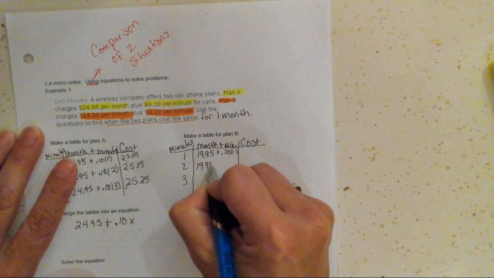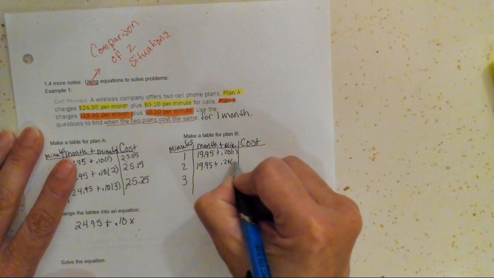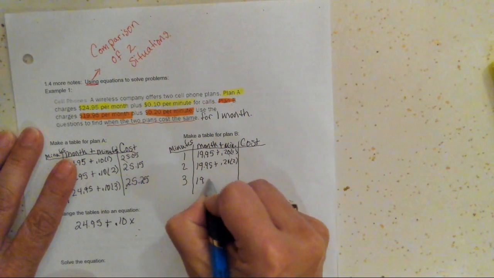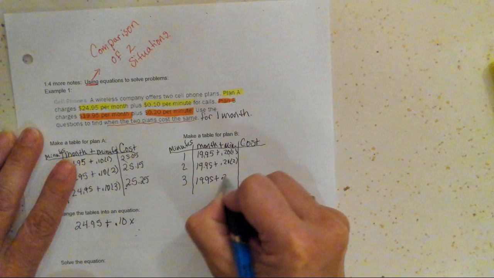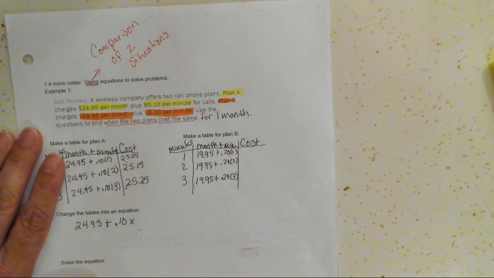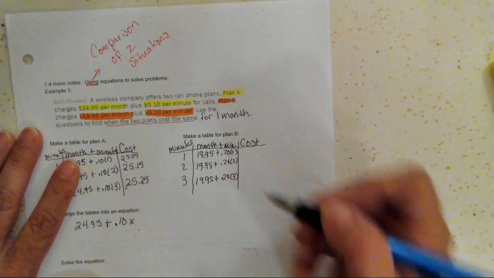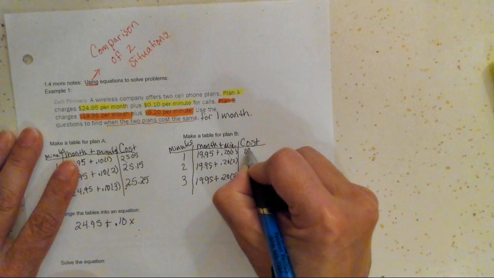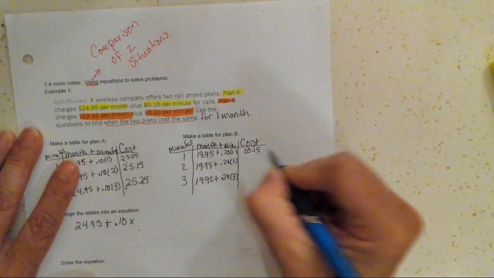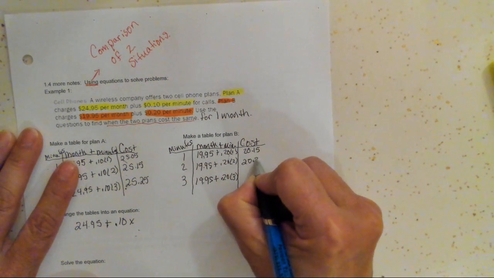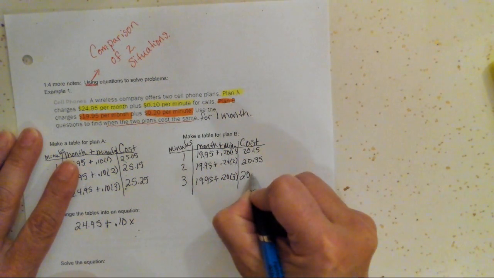And again, very similar to the last one. And $19.95 plus 20 times 3 minutes. Okay, so this particular cost then is $20.15, and this is $20.35, and this is $20.55.